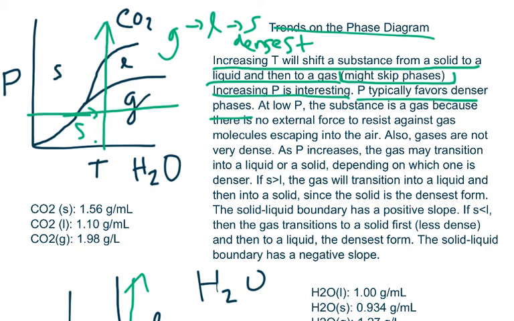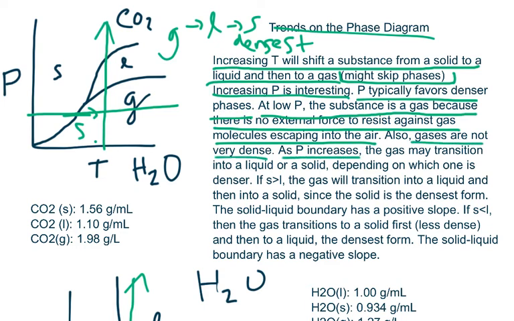So at low pressures, the substance is typically a gas because there's no external force to resist against gas molecules escaping into the air. So at low pressures, a gas typically forms, and it makes sense because of the reason I just said. Gases are also favored at low pressures because gases are not very dense.